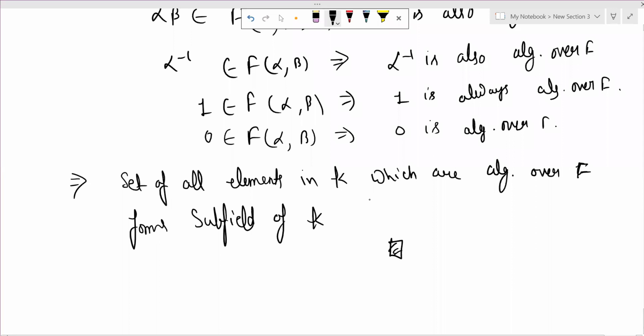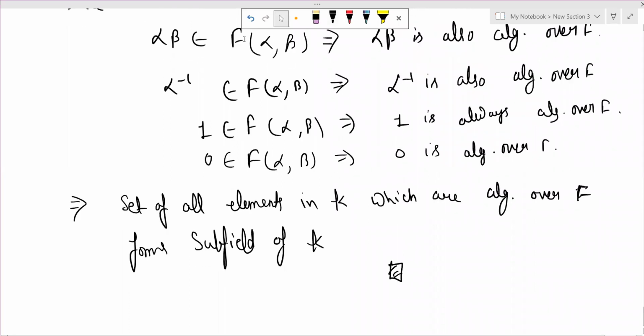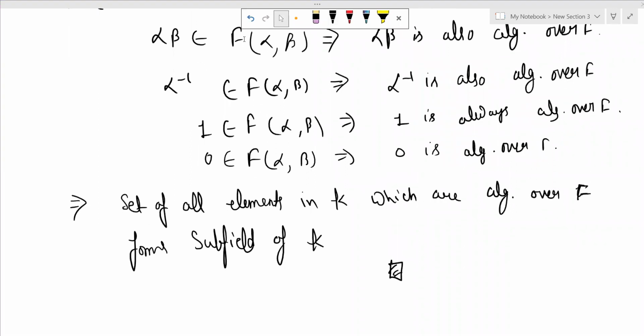Is this clear or not? Jennifer, is this clear? Okay, sir. Muthukumar, is this clear? Okay, clear. Let's go ahead.